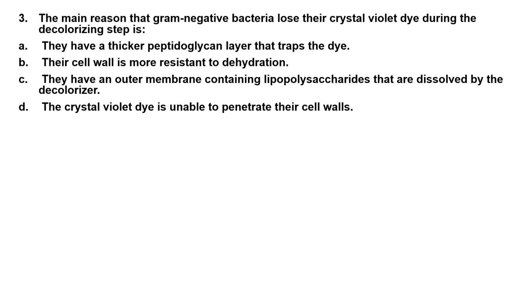Now, this is one of the questions which was there in practice week zero. The main reason that gram-negative bacteria lose their crystal violet dye during the decolorizing step is... So, can anyone briefly tell about the gram staining method? What are the steps followed in gram staining?